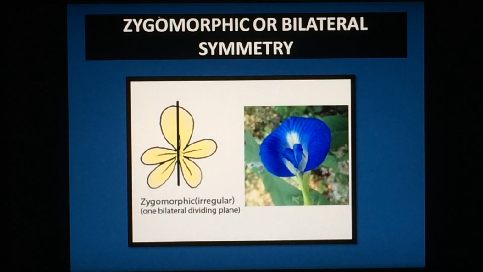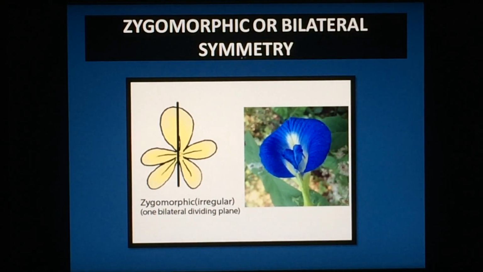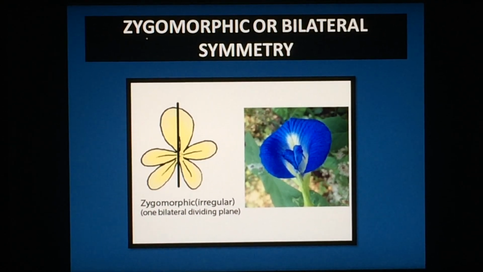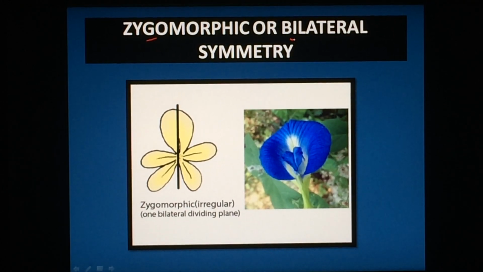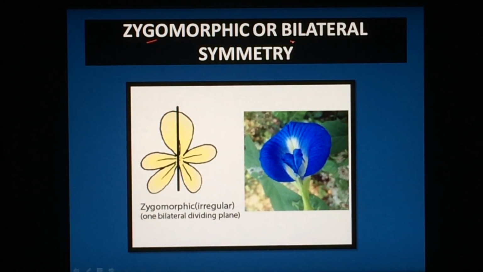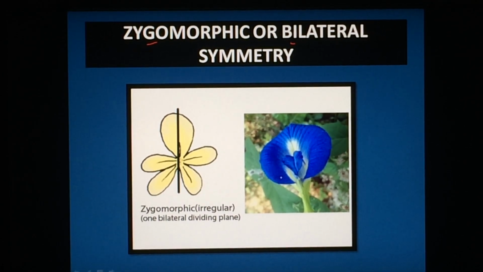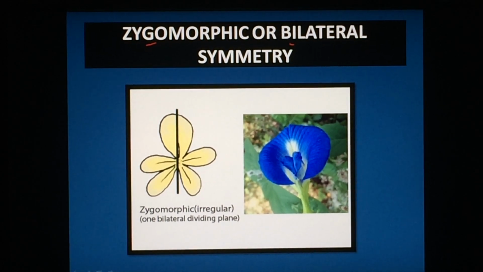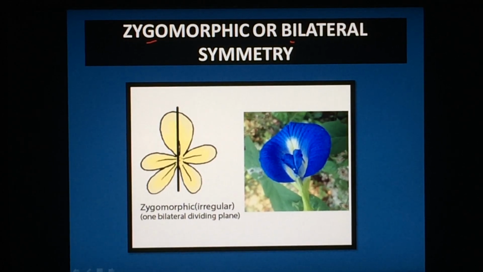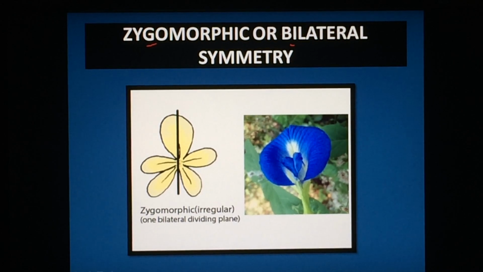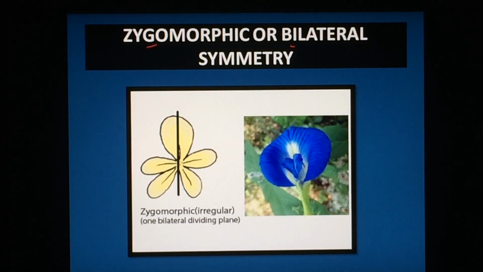Second one, zygomorphic or bilateral symmetrical flower. See here, one flower diagram I have taken here. Clitoria ternatia.